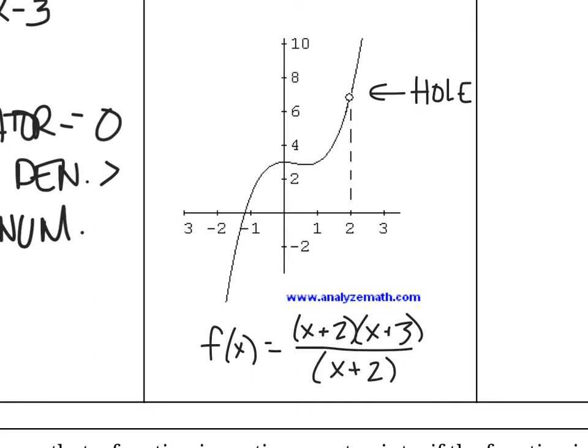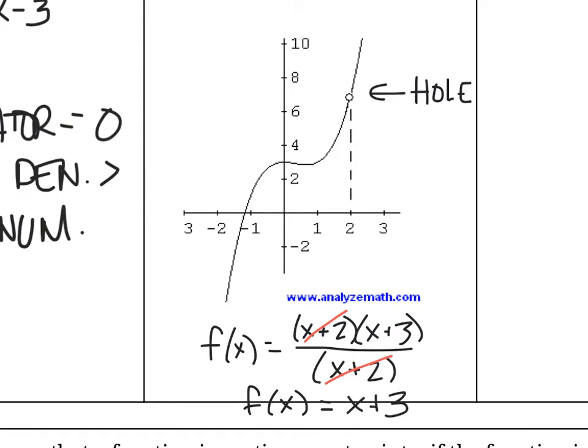So we have this function here, and if you look at it, it's going to simplify, right? So x plus 2 and x plus 2 are going to cancel each other out. So if we think about the restrictions on this function, it looks like the final function is just f of x equals x plus 3.